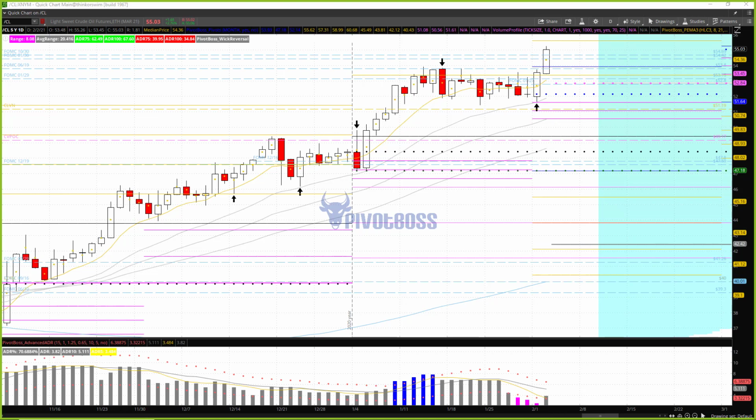But even then, remember that 50 level is still super important. We could still drop deep here, and that could be a higher time frame buy. So this is more of a higher time frame buy at 50. I think the swing buy can take you as deep as 53.50 or 54 and then continue higher. So that's the thoughts right there for the swing idea.